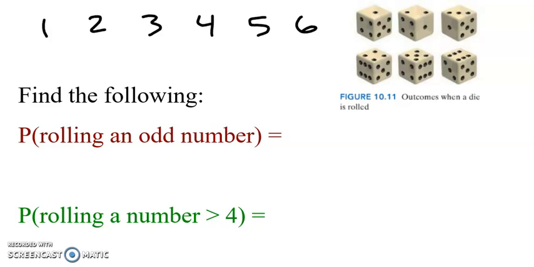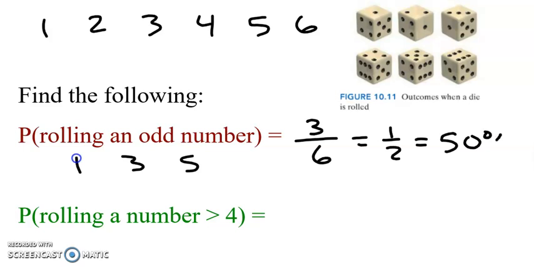Once you quick pause, try to set that up yourself. So our first example, odd number, that's 1, 3, or 5. So there's 3 possibilities there. Total of 6 outcomes in our sample space. So 1 over 2 or 50%.